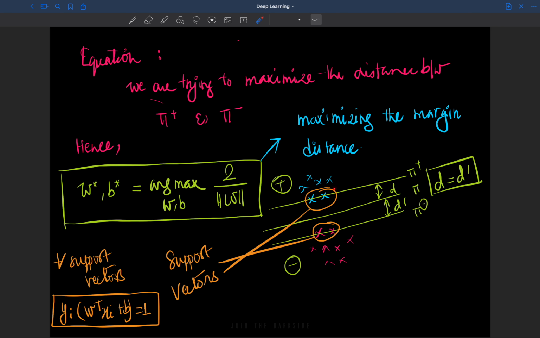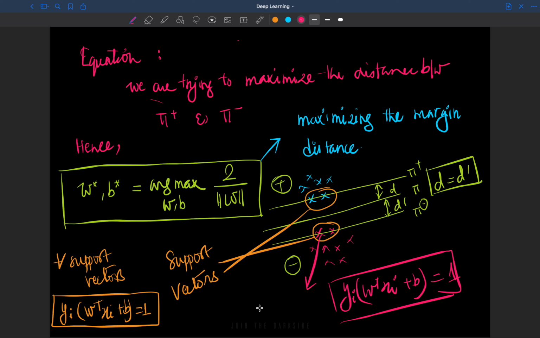And for all the points that are passing through pi plus and pi minus, our primary equation, that is yi times w transpose xi plus b, is actually 1. I'll tell you why.